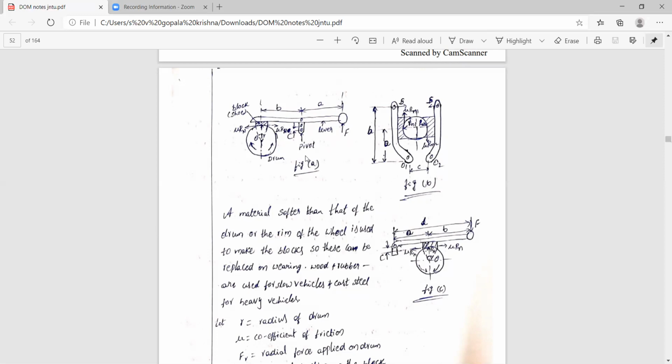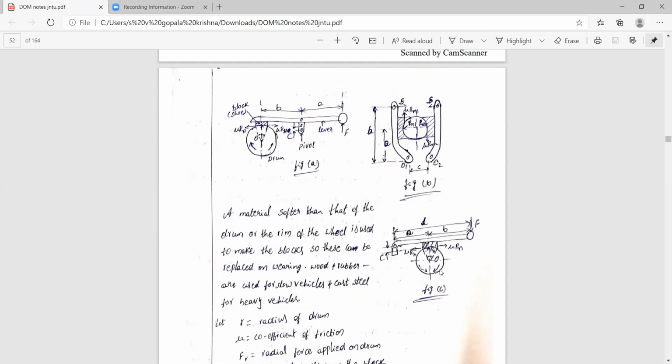In figure C, the pivot point is arranged at one end of the lever and the other end is where the force is applied. That is the small difference between figure A and figure C.